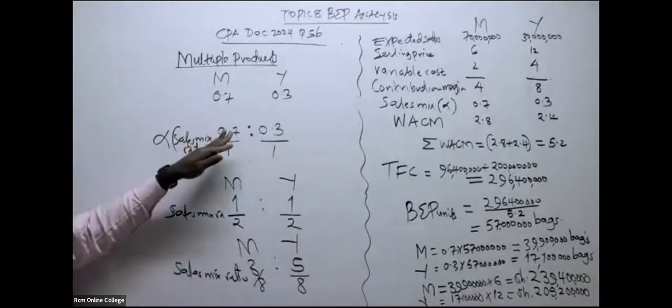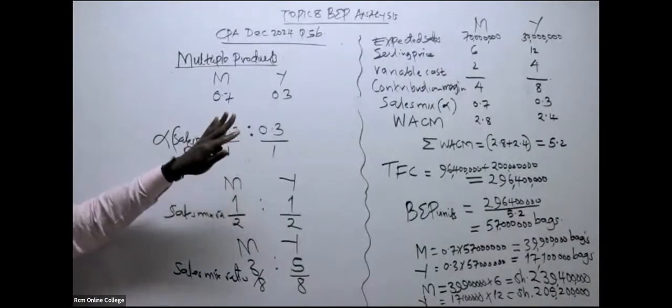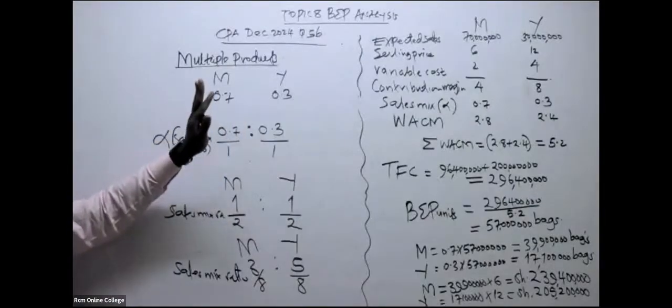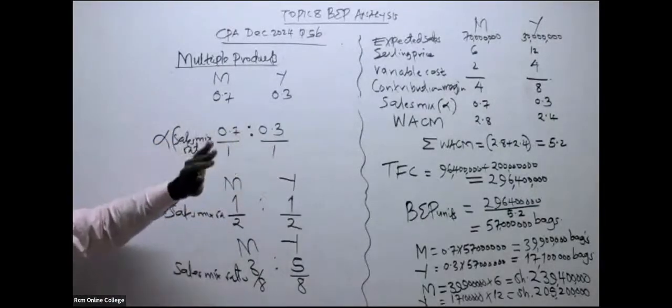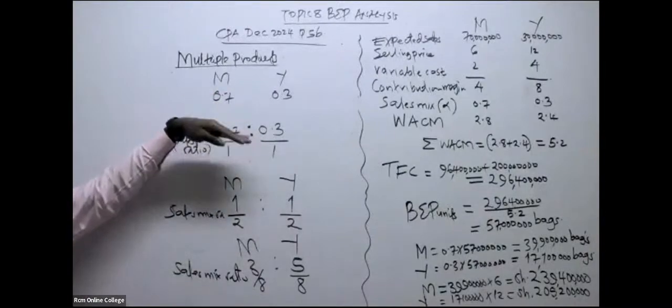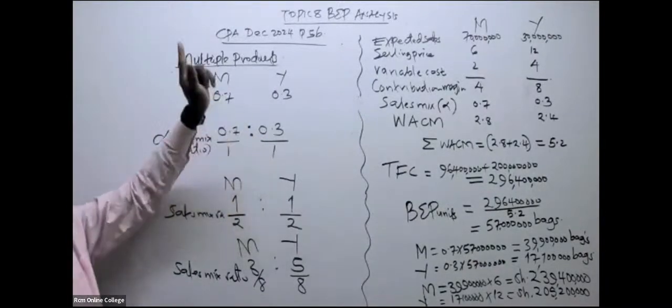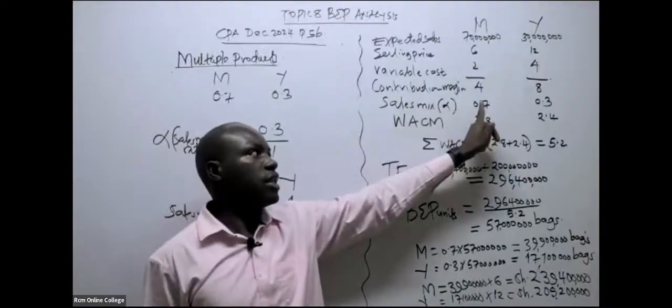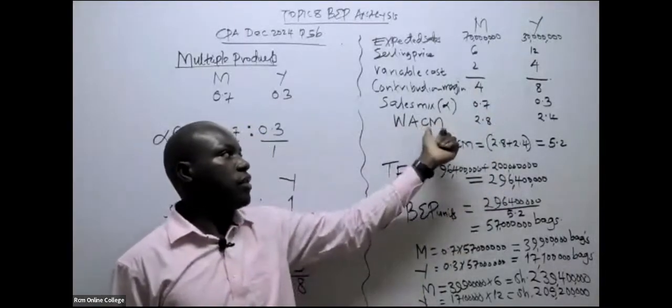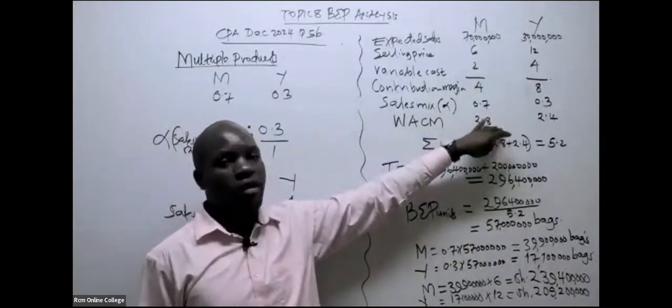So when I interfere with the sales mix ratio, I'll be getting a different weighted average contribution margin. The moment I interfere with the sales mix ratio, this part will be affected, and weighted average contribution margin will also be affected.